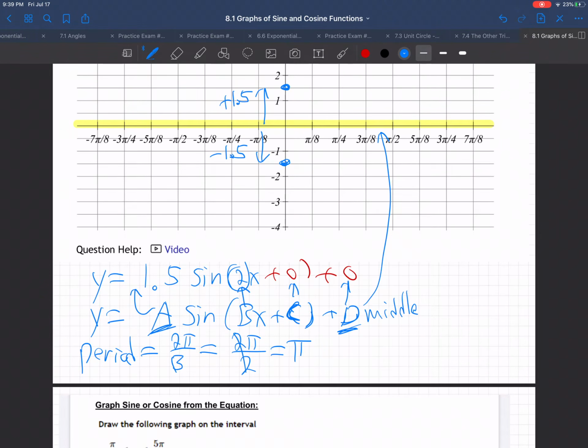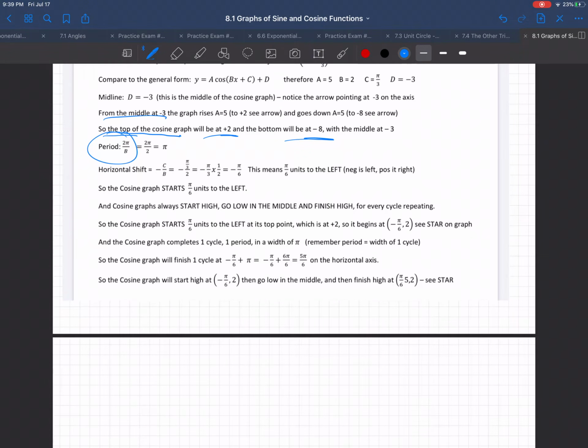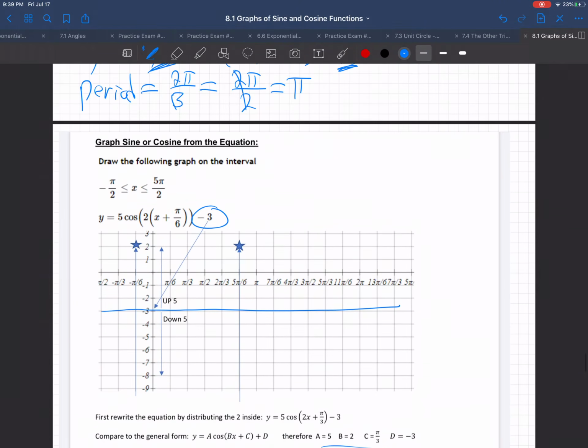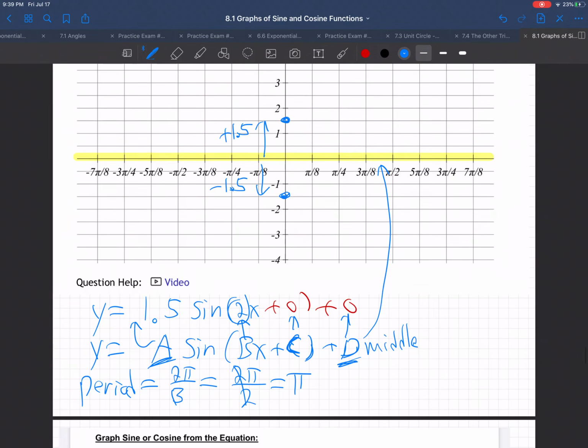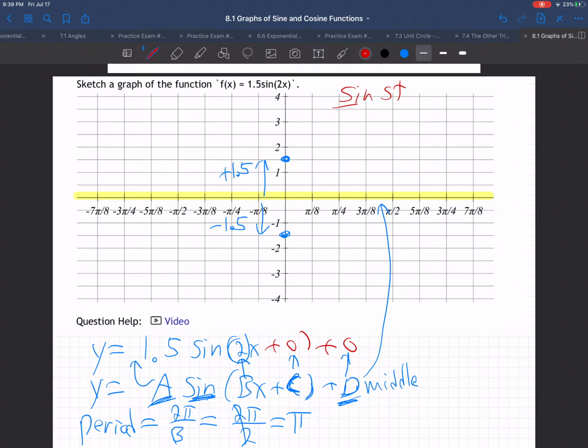Well, what does the period mean? We can skip the horizontal shift right now. Well, let's go back. Something I think we left out: our graph is a sine graph. Remember, sine starts in the middle and goes high and then low, whereas cosine starts at the top or bottom.